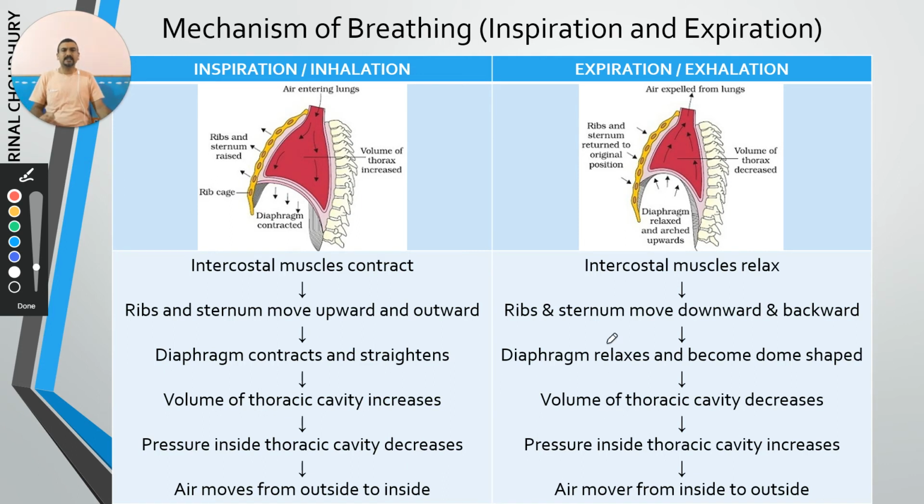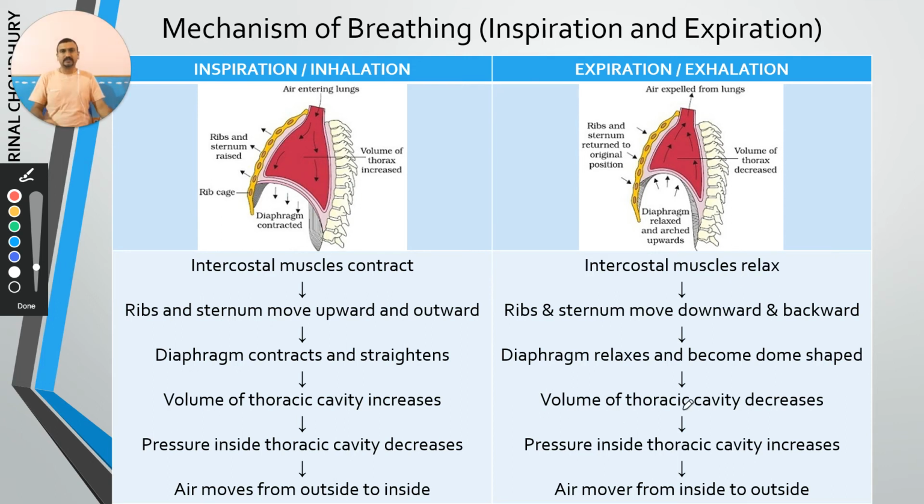In expiration, the opposite process takes place. The intercostal muscles relax. As a result, the ribs, which were upward and outward, will move inward and downward, which reduces the thoracic cavity. Even the diaphragm, which was stretched, will again become dome shaped, which further decreases the thoracic cavity volume.